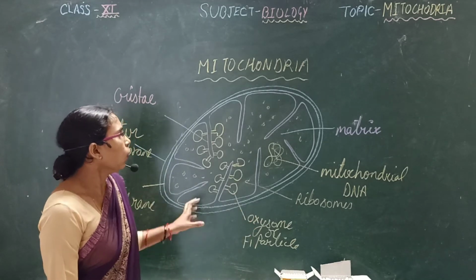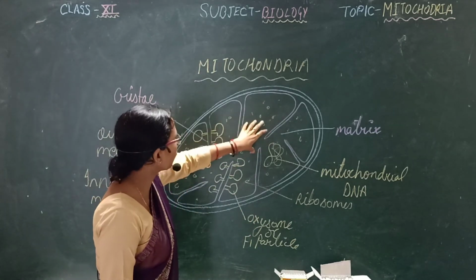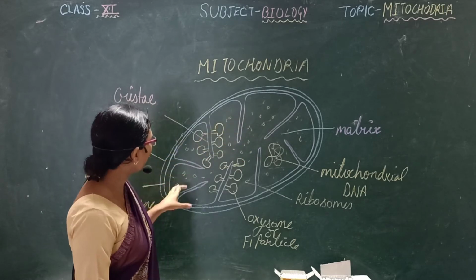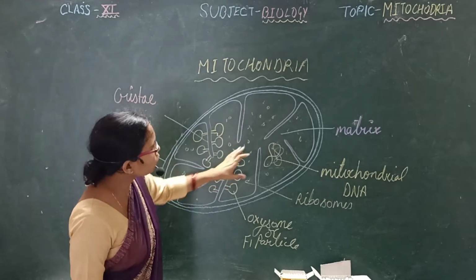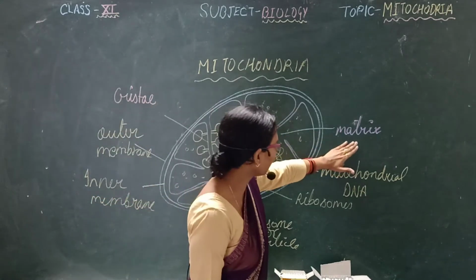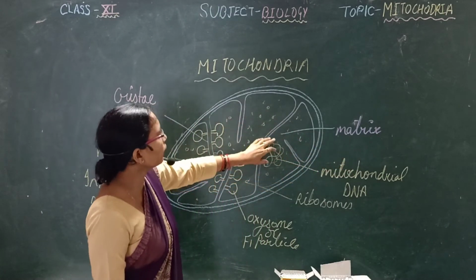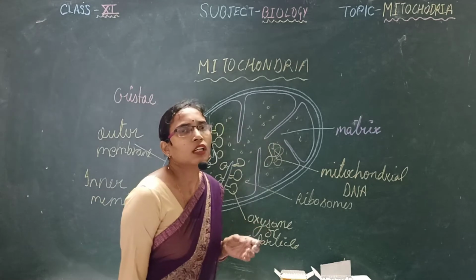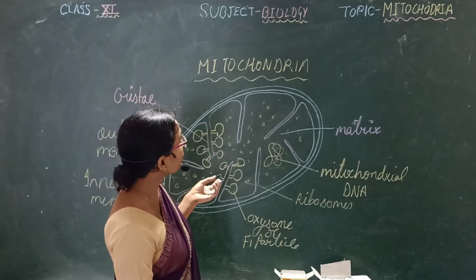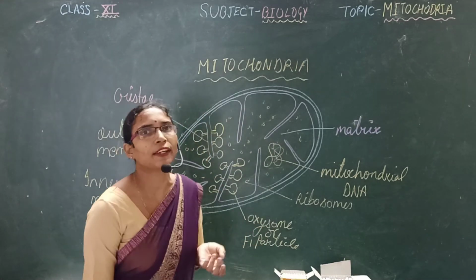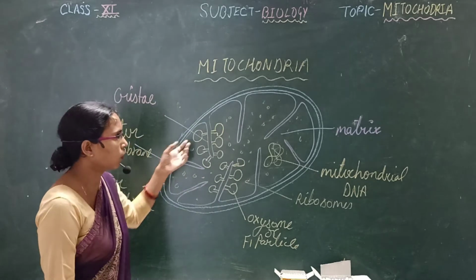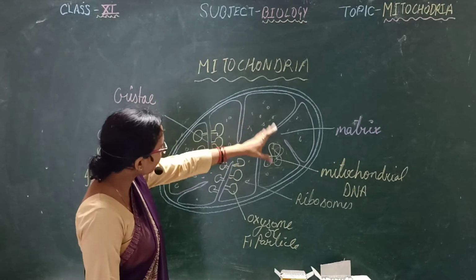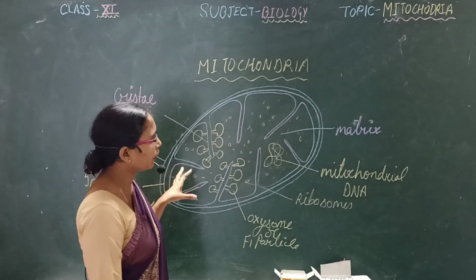The liquid substance filled within the mitochondria is known as the matrix. Here circular DNA is present, which has the capacity to divide and form new mitochondria. So, that's the structure of the mitochondria.